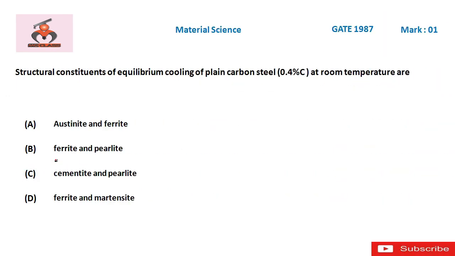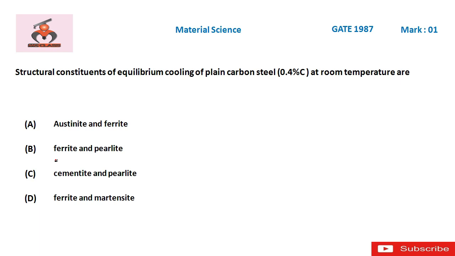Next, the structural constituents of equilibrium cooling of plain carbon steel, 0.4% carbon at room temperature, are: austenite, ferrite; ferrite and pearlite; cementite and pearlite; ferrite and martensite. This question is from the iron carbon diagram, which is one of the important topics of material science.